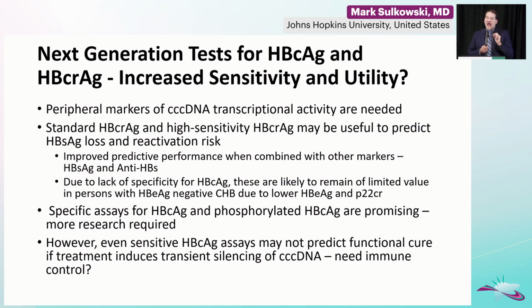So it does, I think, highlight that in the natural state, it's a combination of both eliminating infected hepatocytes, the number with cccDNA falls over time, but it's also an increase in immune control. And I think that's something we need to consider, but I think it's also going to continue to limit the value of these markers. So I'll stop there.